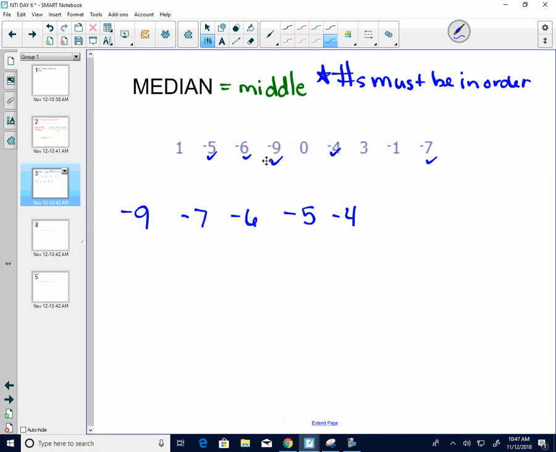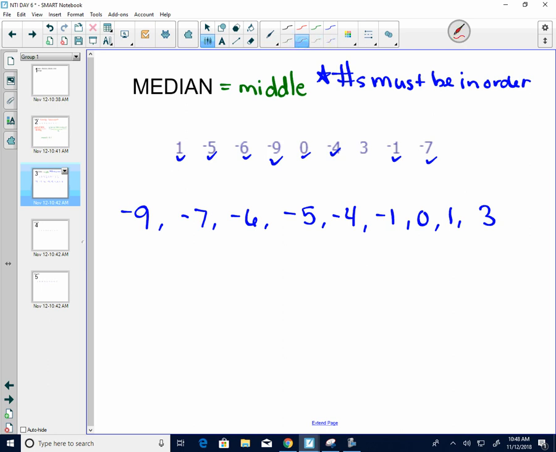But I don't completely mark them off, so in case I messed up somewhere, then I can easily still see my numbers. -1, 0, 1, and 3. So go back and put commas between these.